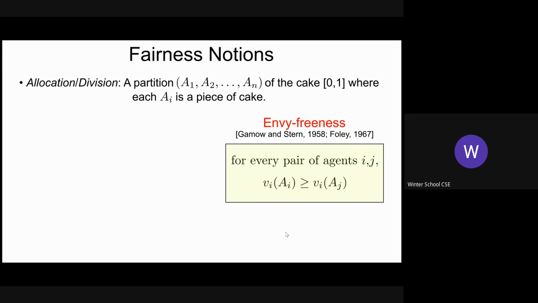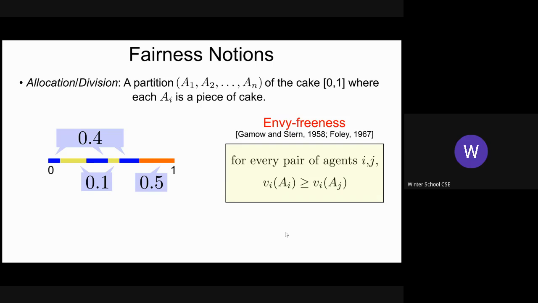Good. So here's an allocation. Exactly, so the index is quite important, and this condition holds for every i and j.